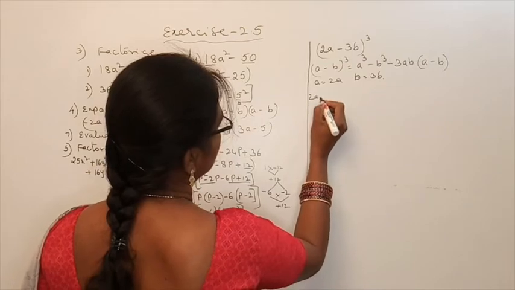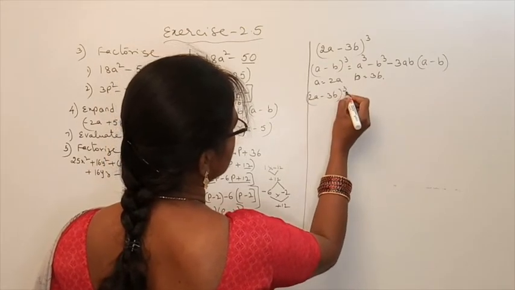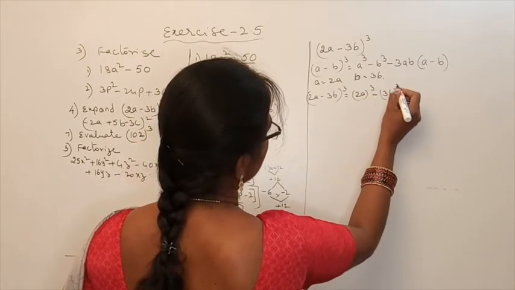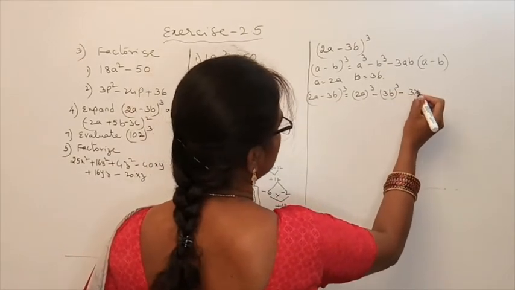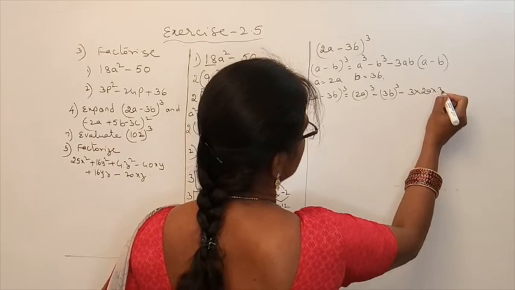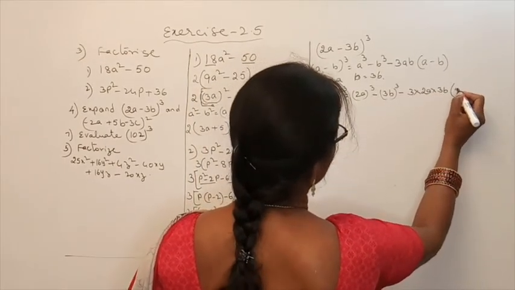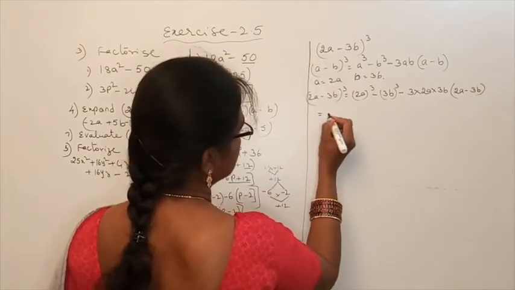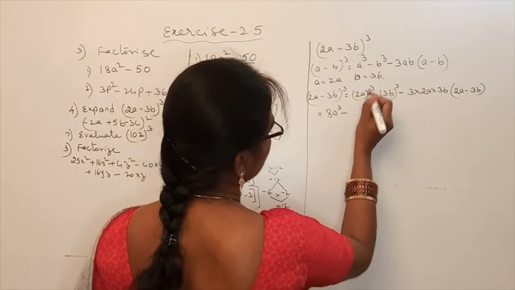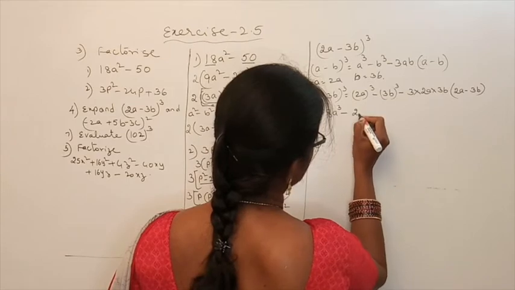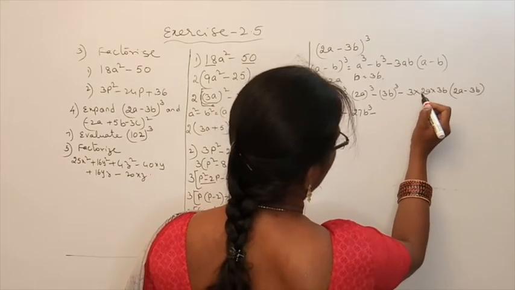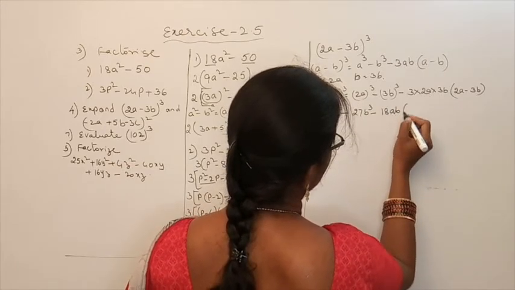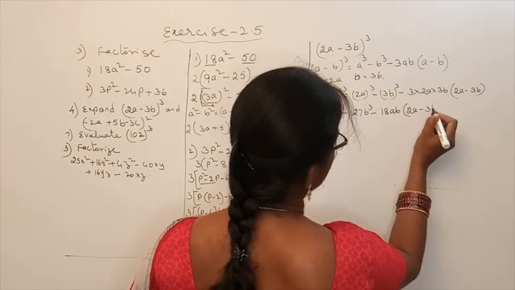Now 2a minus 3b whole cube is equal to 2a cube minus 3b whole cube minus 3 into 2a into 3b into 2a minus 3b, which is 8a cube, 2 cube is 8, minus 3 cube, 27b cube, minus 3 twos are 6, 6 threes are 18ab into 2a minus 3b.